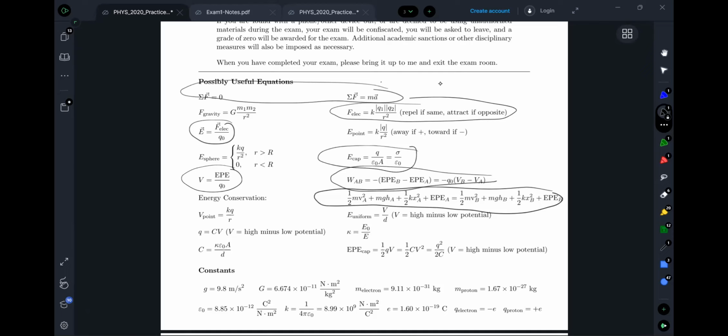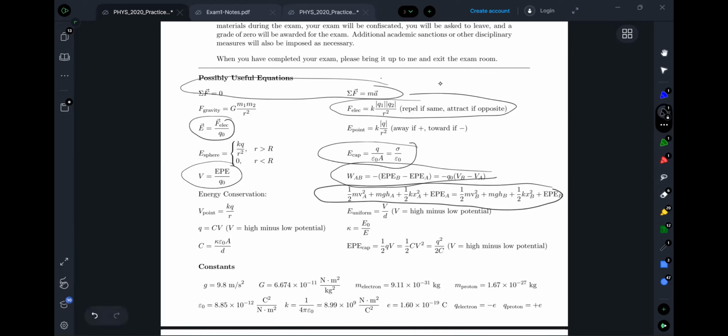So you always want to start with the most general. But if you're told it's a point charge, it says specifically in there a point charge, or a concentration of charge, a small region of charge, there are sometimes different wordings to try and trip you up. If it's something like that, then you can jump to the potential of a point charge, which is kq over r. The electric field is kq over r squared.